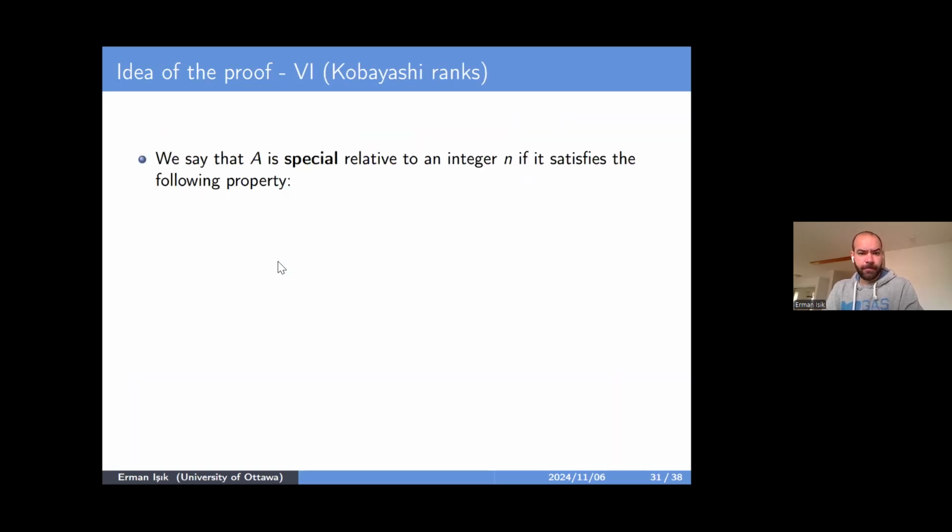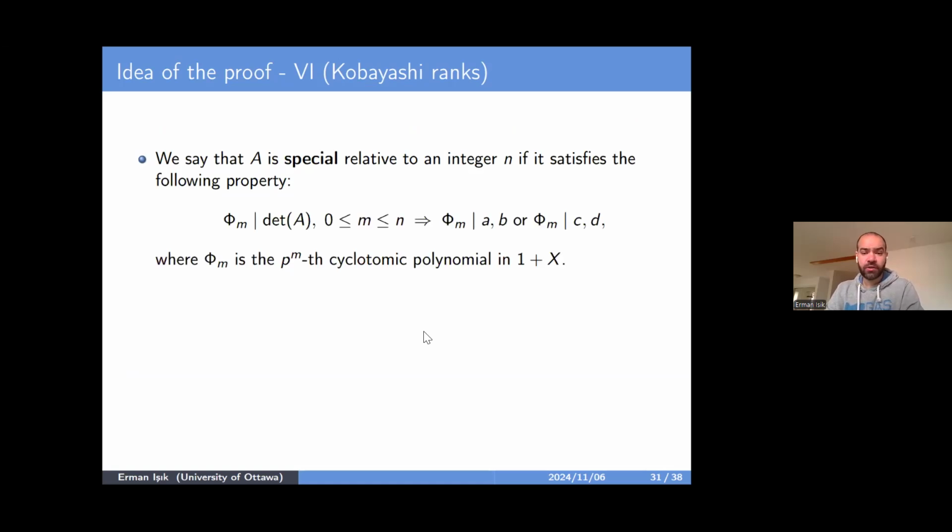And we say that A is special relative to an integer n if it satisfies the following: if the cyclotomic polynomial divides the determinant, then it divides either the first column entries or the second column entries.